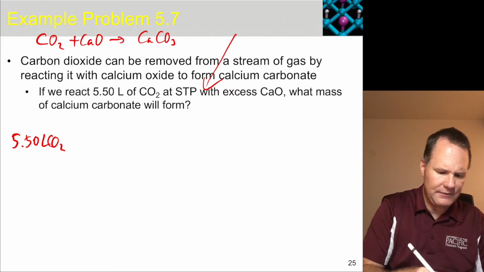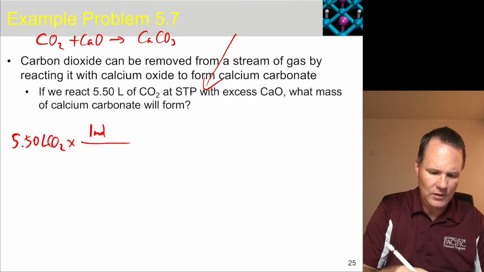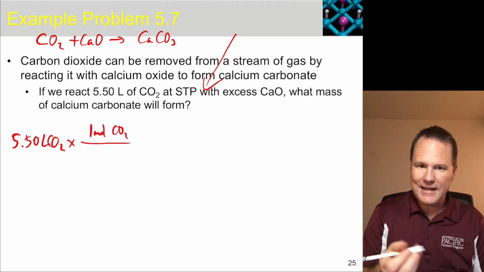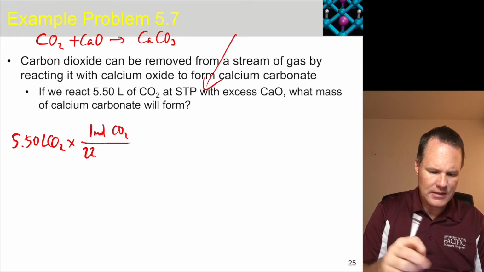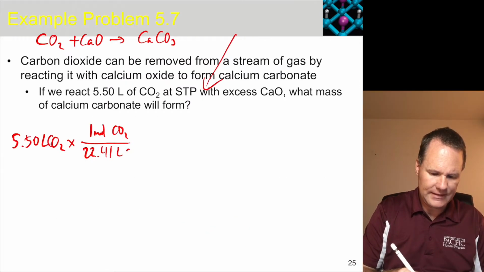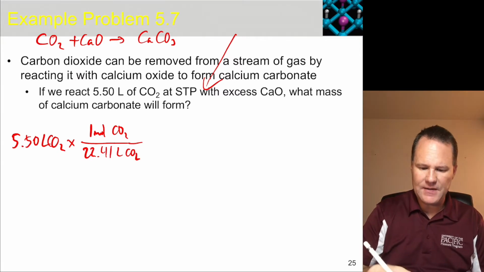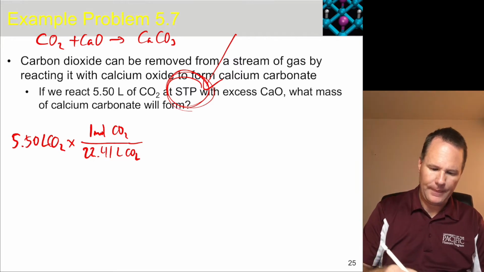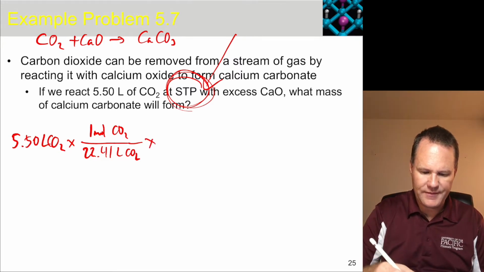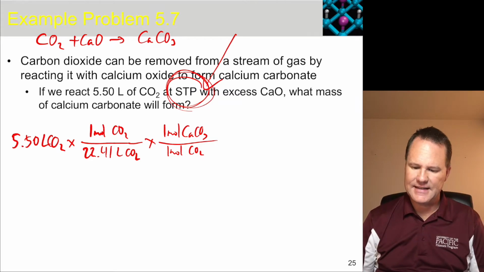Okay, so I have the liters of CO2, but I want the moles of CO2. And I know that 1 mole of CO2, or 1 mole of any gas, is 22.41 liters of CO2. I use this because I'm at STP. And now, since I have 1 mole of CO2, but I want the moles of calcium carbonate, it's just 1:1, so that's a simple one.